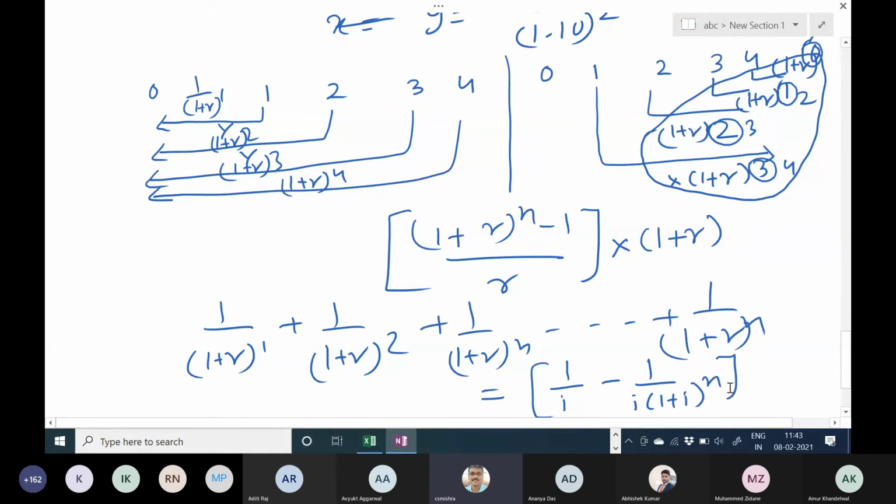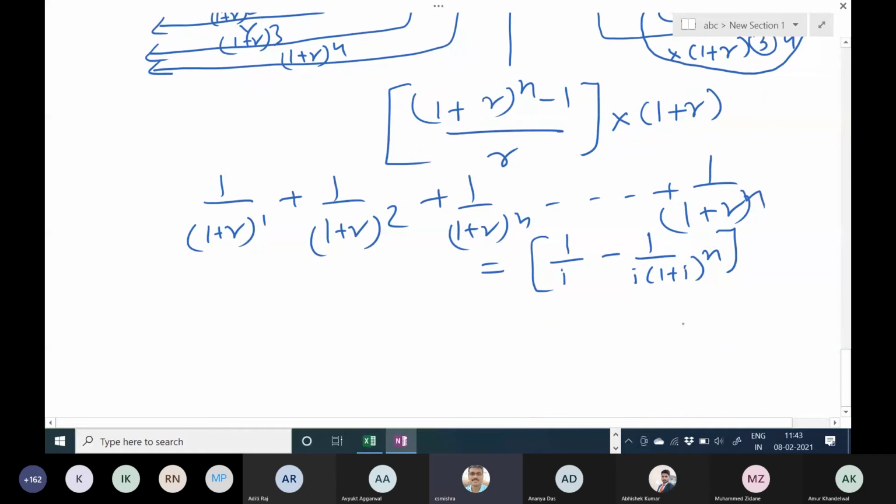This is the present value of an ordinary annuity. Now if I have to convert this into annuity due, what should I do? Divide by 1 plus r? Sure? No.